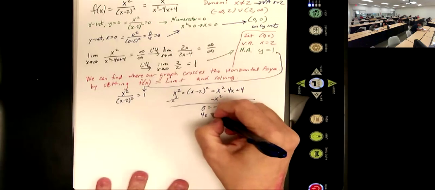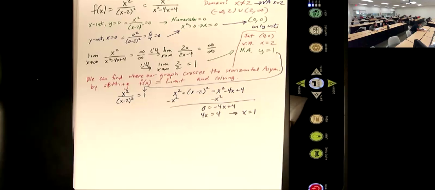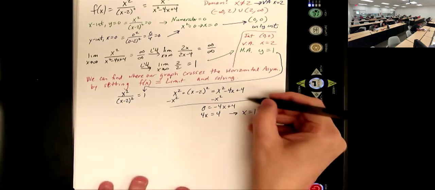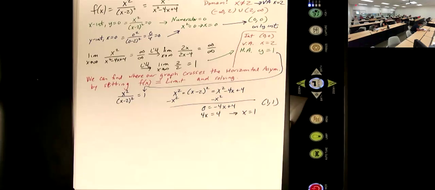If I add 4x to both sides, I get 4x equals 4. And I get that it crosses at x equals 1. That was when y equals 1, so putting that together, it's gonna cross at 1, 1.